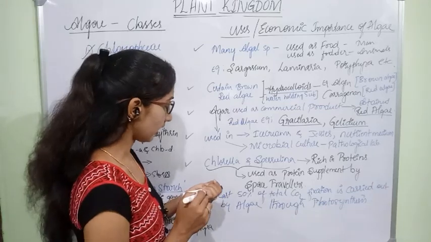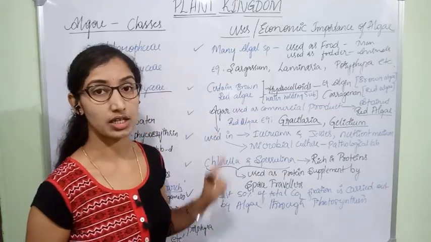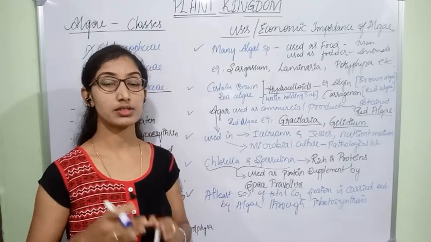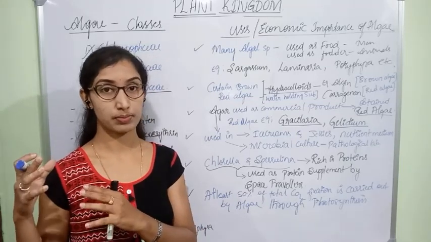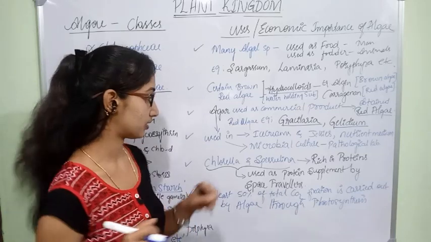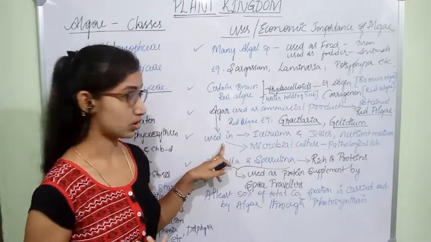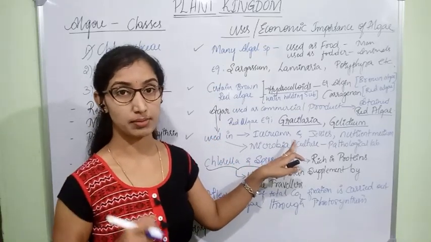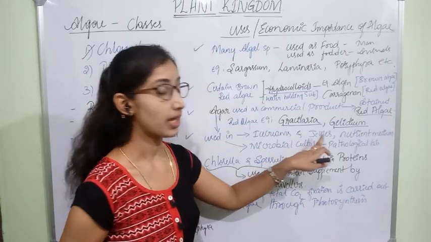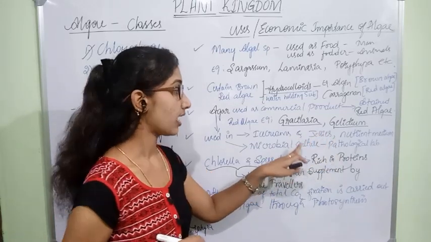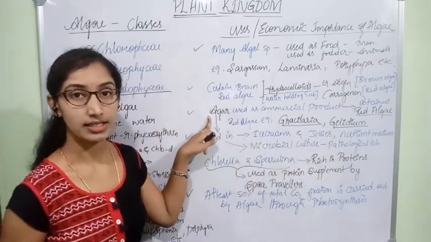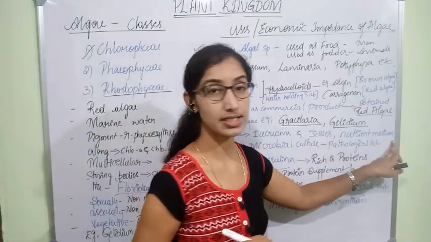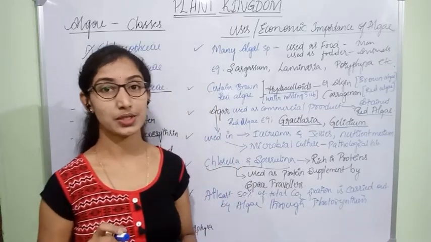And agar is used in the manufacture of different products, such as ice creams and jellies, and mainly as a nutrient medium in tissue culture.